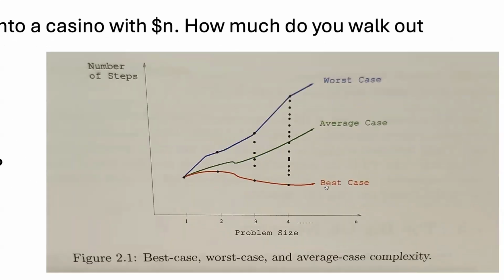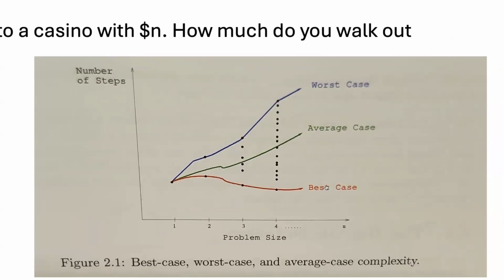And we want to bound it by these three items: the best case, the worst case, and the average case. The worst case is going to be this upper bound, the highest number of steps we could possibly take. The best case is the lower bound, the least amount of steps we could possibly take, and the average is somewhere in the middle.